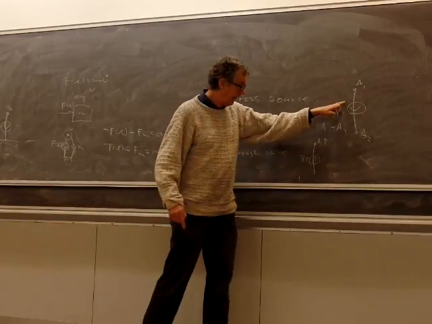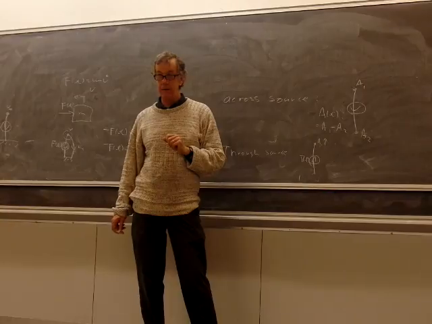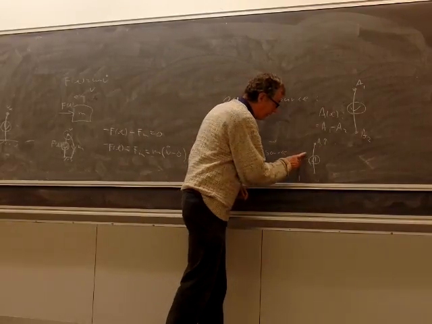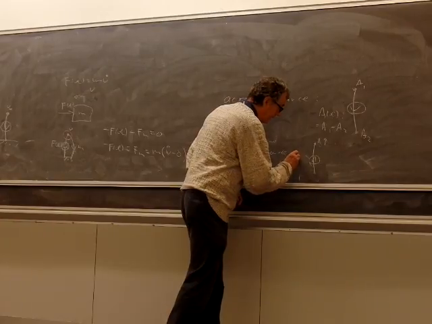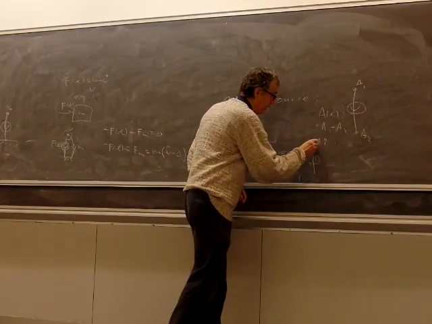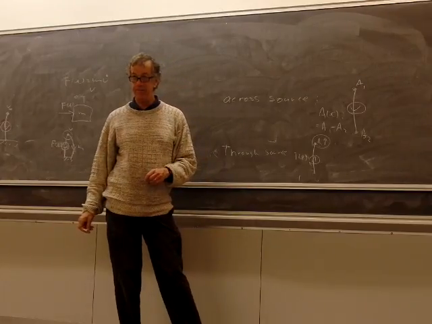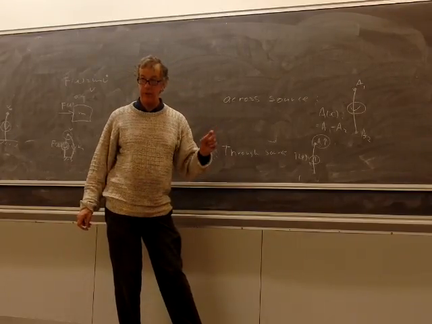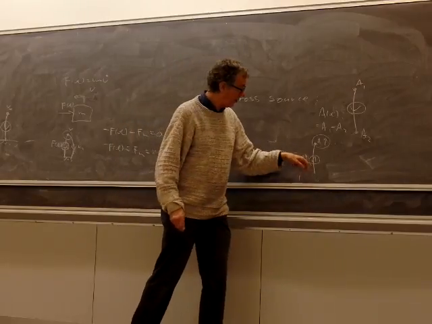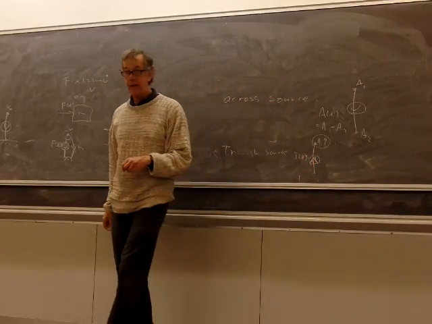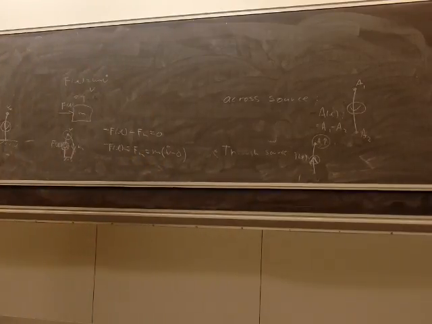So tail of the arrow and head of the arrow. And for a through source, it will be pointed towards the node that it's trying to increase, A2 here. Pointing towards it. If it's pointed away from it, then it will decrease A1. Okay? Does that make sense for everybody?